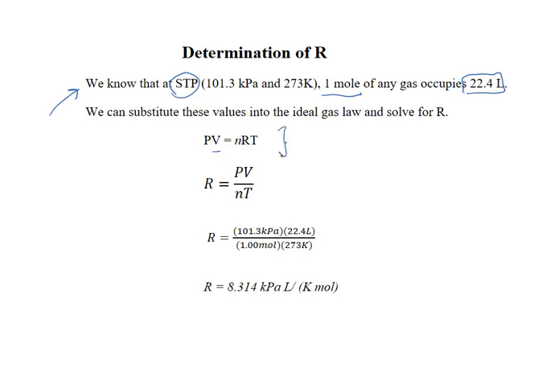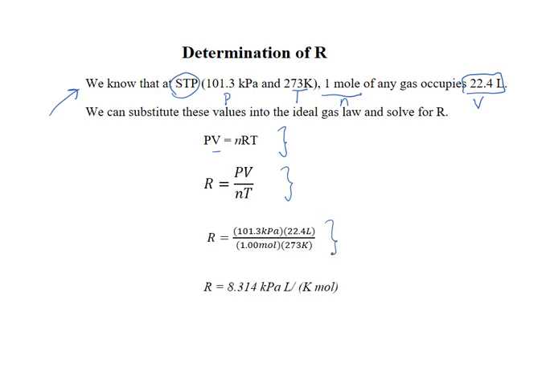When we look at our relationship of PV equals nRT, what we have here at this point is we have a pressure, we have a temperature, we have a number of moles, and we have a volume. So in this 5-variable equation, we know 4 of the variables, so we'll be able to rearrange and solve for our 5th variable, or R.